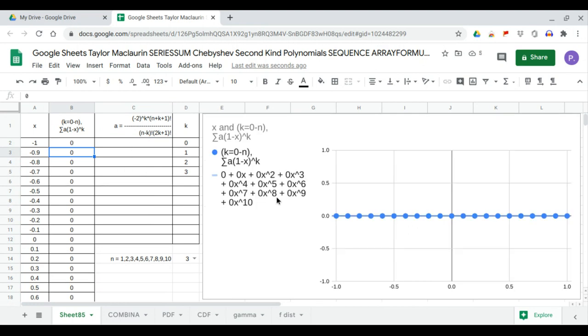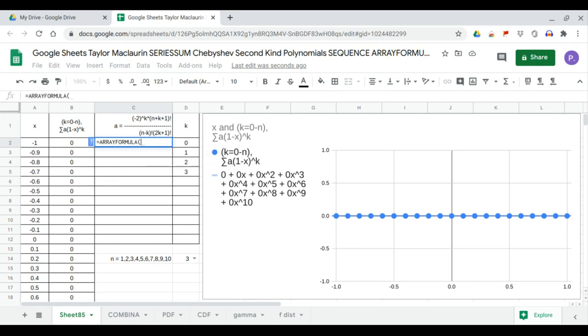So here we have the trend line, which is also the Chebyshev second kind polynomial, trend line to the degree 10. And that's a trend line equation, and this is the trend line. So here we have the coefficients. We'll start with the denominator.